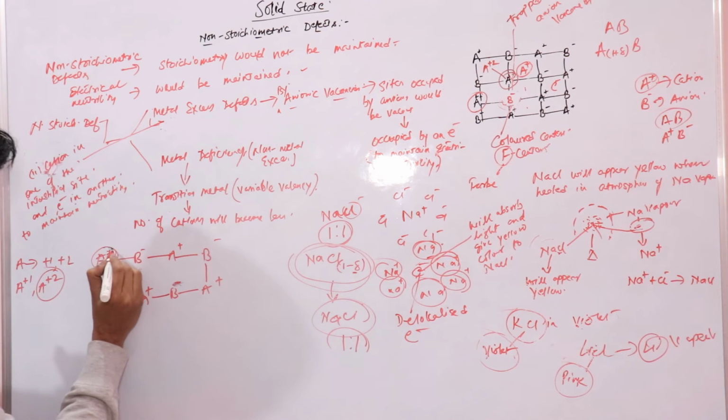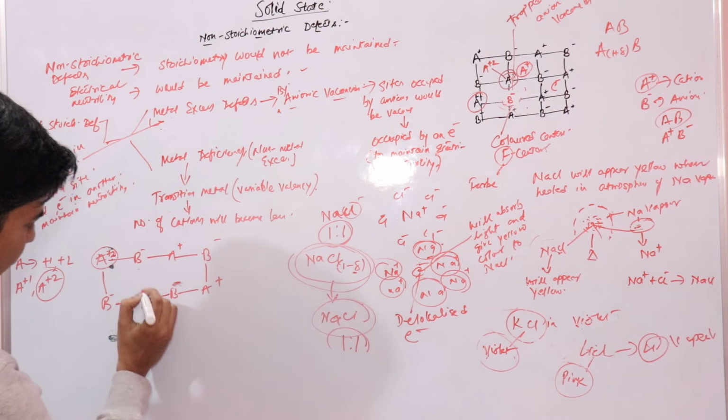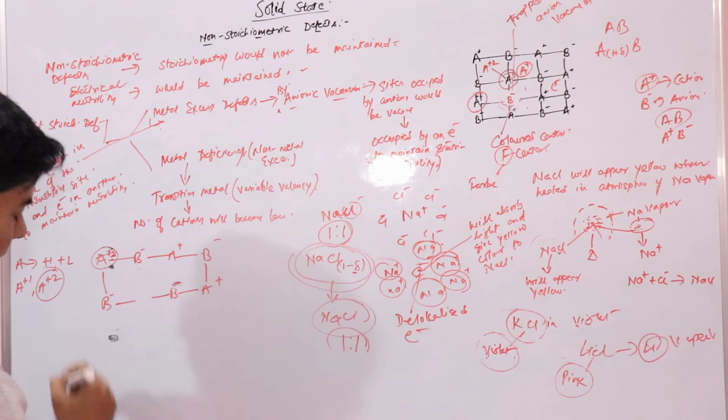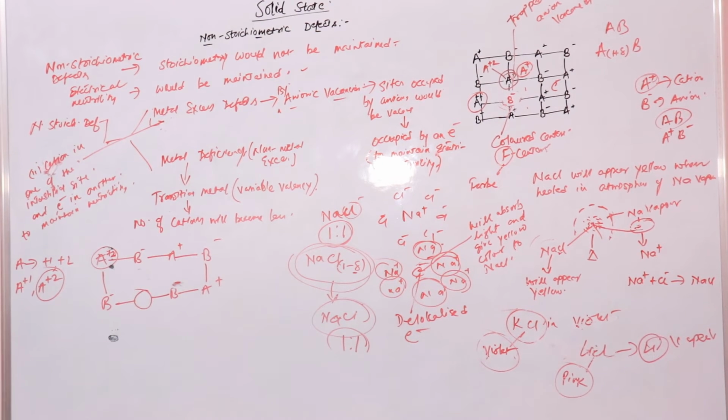Suppose this is taken over by A+2. So to maintain the electrical neutrality, one of the metal ions from the neighboring site would be missing to maintain the electrical neutrality, right? This is shown by ferrous oxide, right?